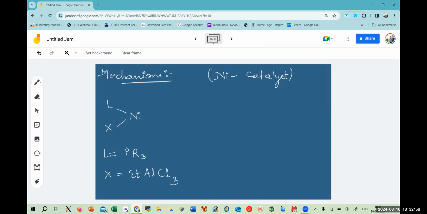So it would be this kind of species where it's positive and that is negative. So this would be forming as your species.